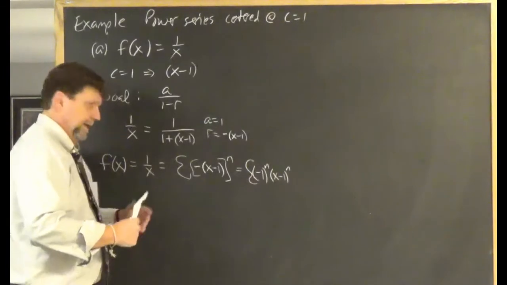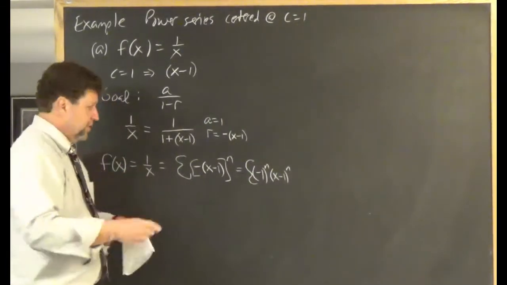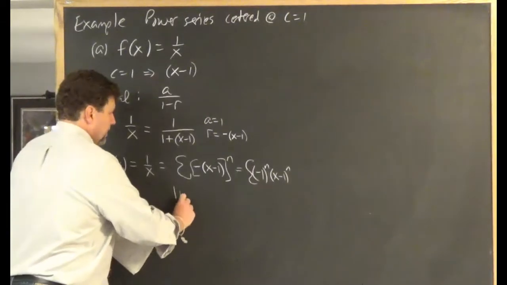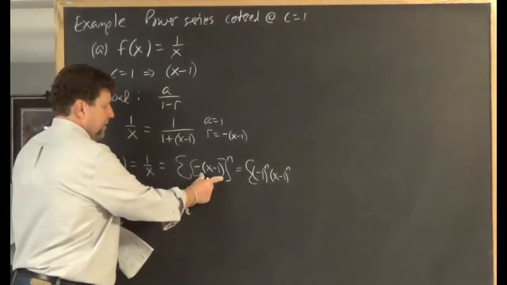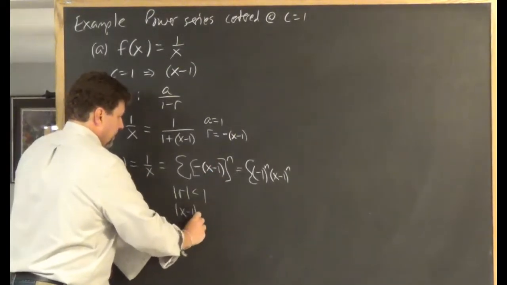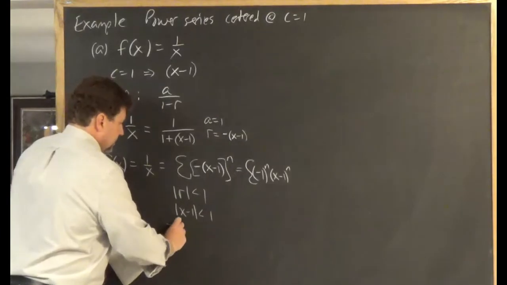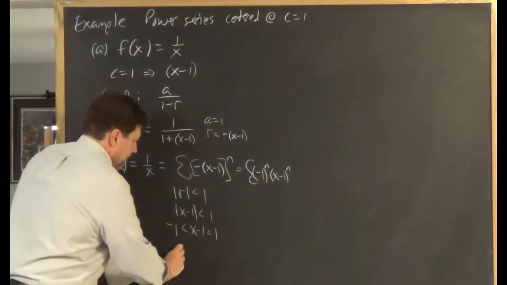But in any event, what's the interval of convergence? Well, remember, you have convergence when the absolute value of r is less than 1. So the absolute value of r, absolute value of a negative is positive, so you're just left with this. And then add 1 to everything.